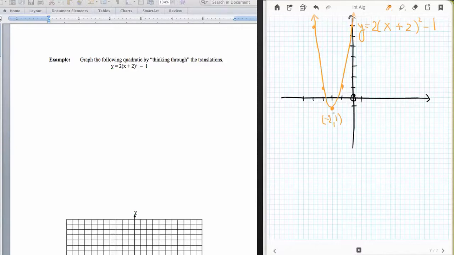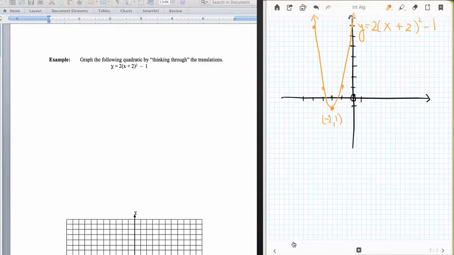I see that my vertex is at -2, -1, and my values that are 1 unit out this time are going to be up at 1's, and then my other values are going to be up at 7.